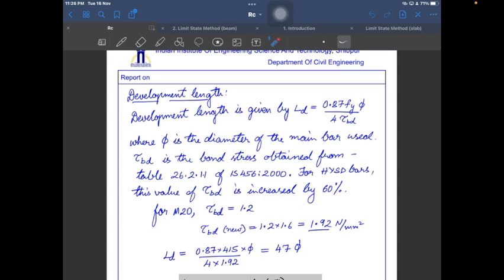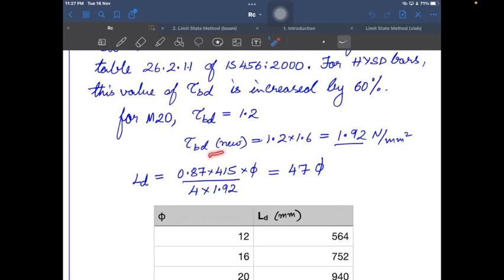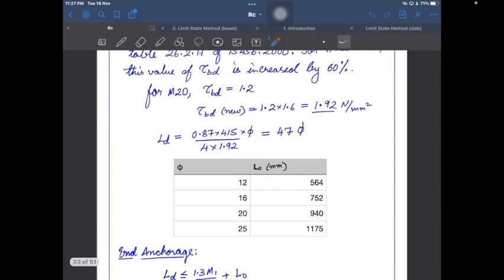So my tau BD from the table for M20 grade of concrete is 1.2, and my new tau BD, as I'm using HYSD bars, is 1.2 into 1.6, which gives 1.92.